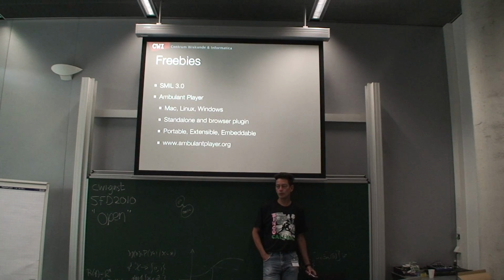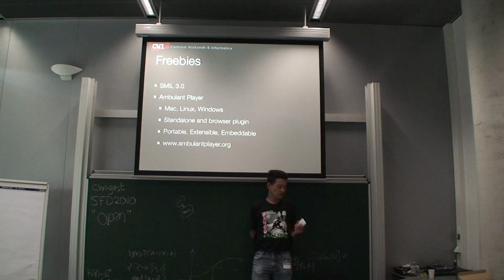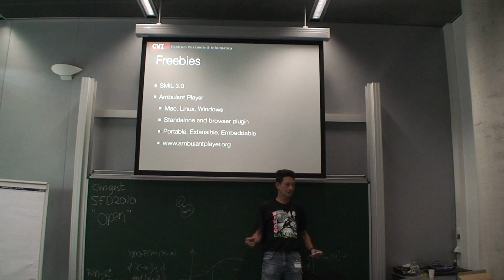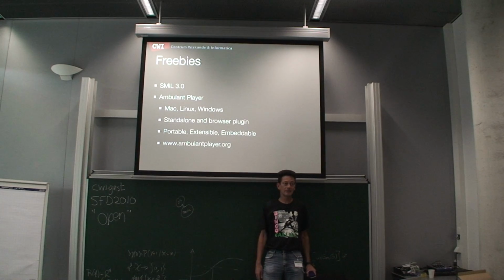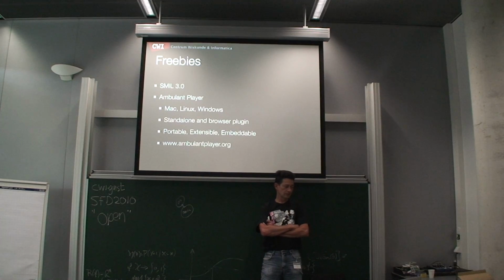But it's fairly portable to other platforms in case you want to use it for something. It's easily extended in C or C++, but also in Python. As it comes, you can add little Python scripts to do things like getting GPS coordinates into your presentation or whatever. It's also easily embeddable. So if you have another application and you want to use a bit of multimedia in that, then Ambulant should be well suited for that.